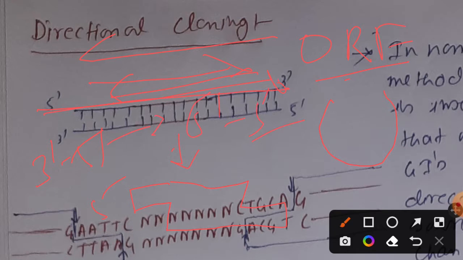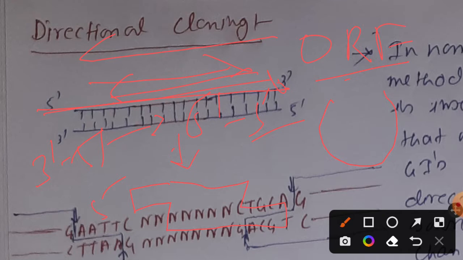As a result, our entire ORF sequence will be changed, and we cannot get our protein of interest. So that is the drawback of the normal cloning procedure.